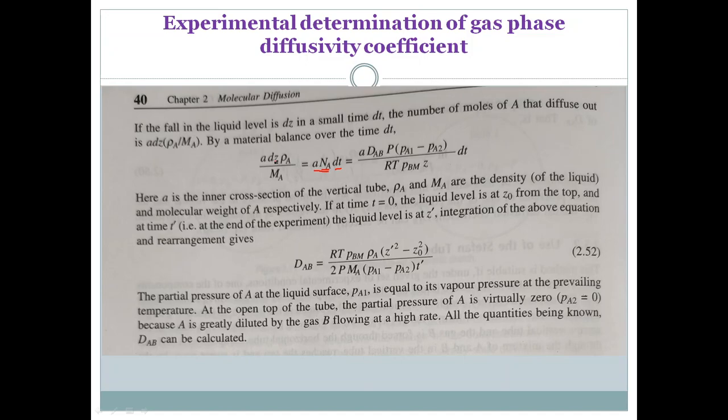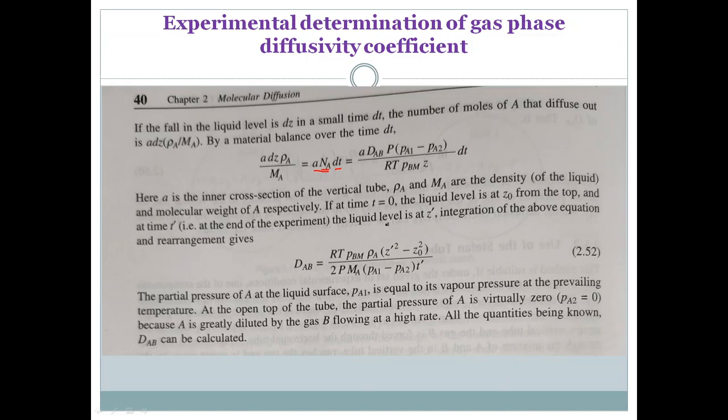So this is kilomole and this is kilomole, that is the diffusion going on in dt time. Now if you put this Na, that is A into DAB P by RT PBM, Pa1 minus Pa2 over Z, dt, where Z is the distance.